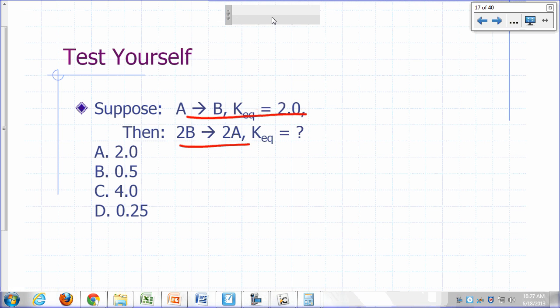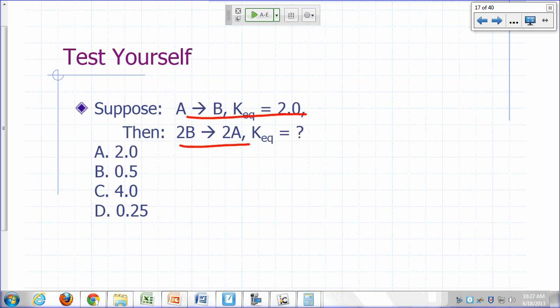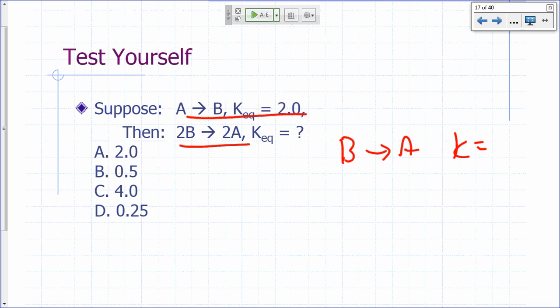Correct. The answer is 0.25. Very good. When you flip it, B goes to A. The KEQ for this is going to be 1 over 2, right?